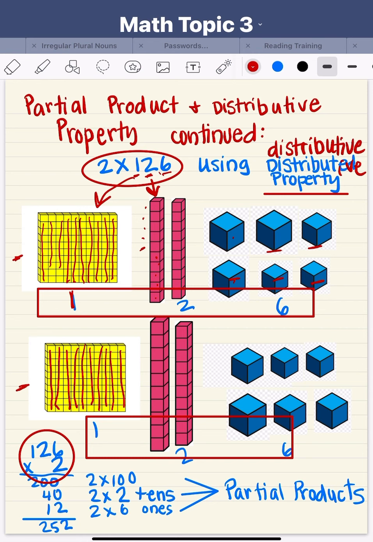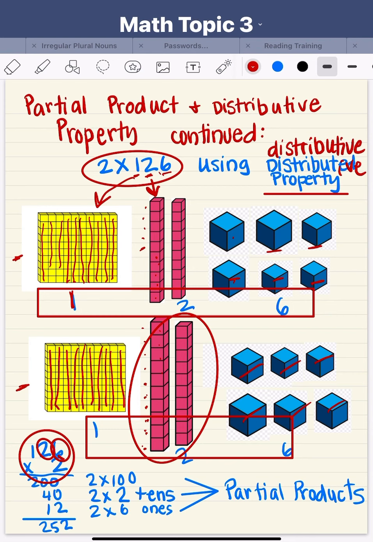And now here I've got 2 tens. All right, because it says 2 tens here. And now I've got to have 6 ones, right? So 1, 2, 3, 4, 5, 6.